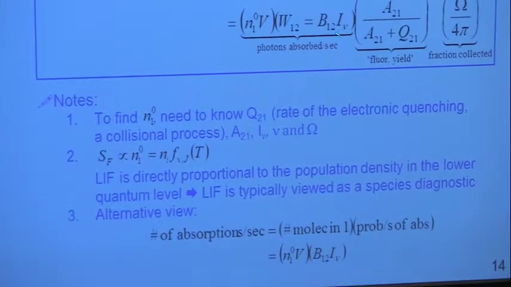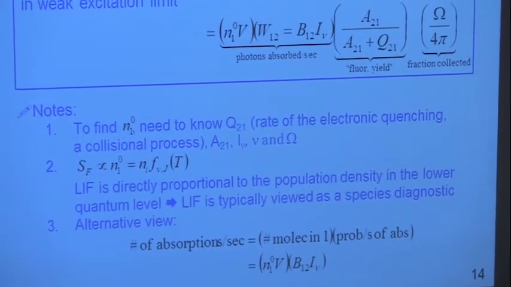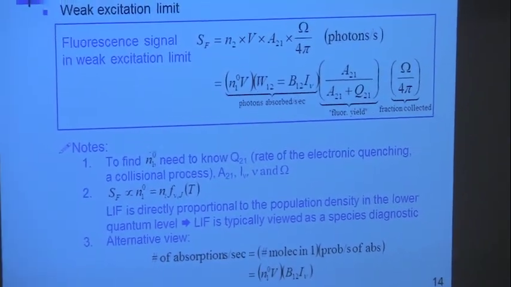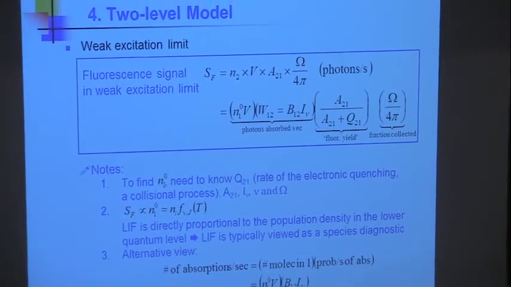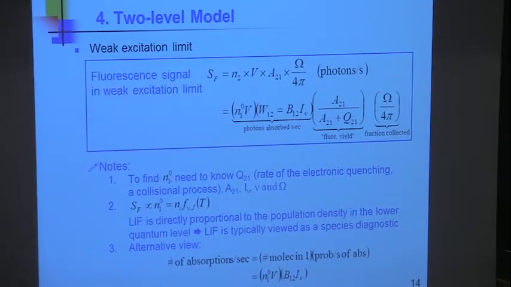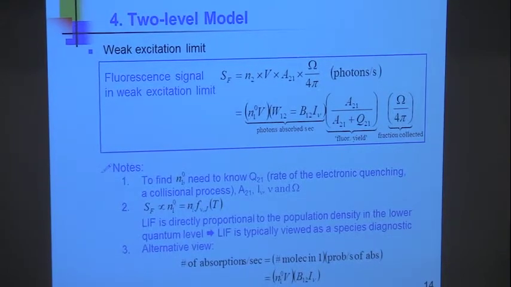So if we do this in photons per second, our signal is N2 times the volume times A times omega over 4 pi. I substitute my relationship for N2 and rewrite the terms a little bit, and now you can read it here for yourself, this is nothing more than the photons absorbed times the fluorescence yield, the fraction of the photons emitted compared to those collected.